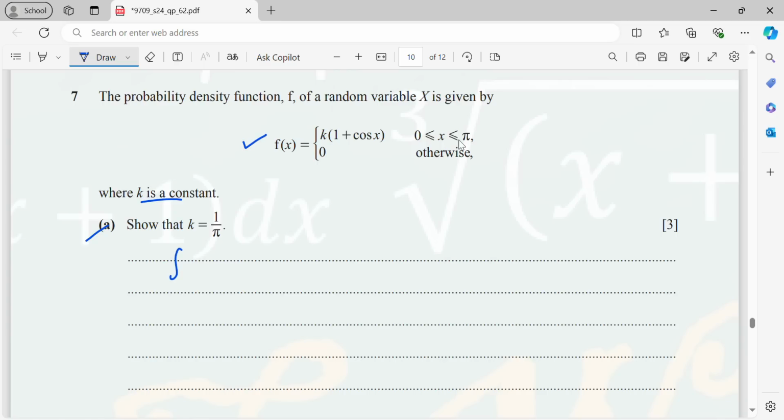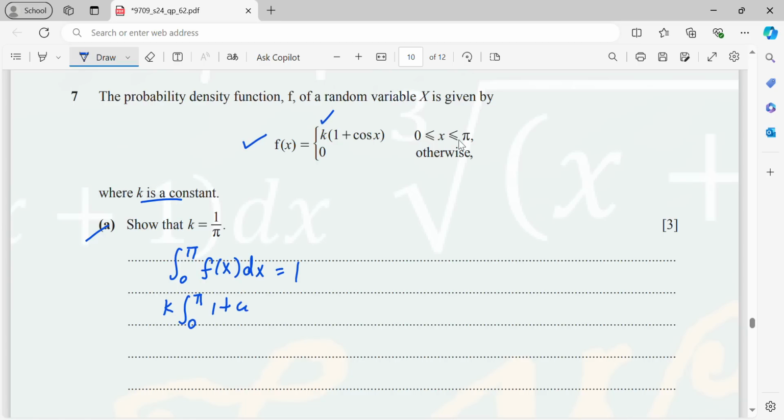We will use the formula, integrate from minus infinity to infinity, or probably I would say for this case, because your fx is defined from 0 to pi, so from 0 to pi, fx dx is 1. So this means total probabilities is 1. Okay, so now when I integrate from 0 to pi, since the k is constant, I will take it out.